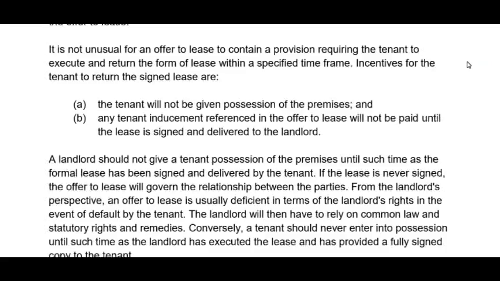Incentives for the tenant to return the signed lease are: A. The tenant will not be given possession of the premises, and B. Any tenant inducement referenced in the offer to lease will not be paid until the lease is signed and delivered to the landlord.